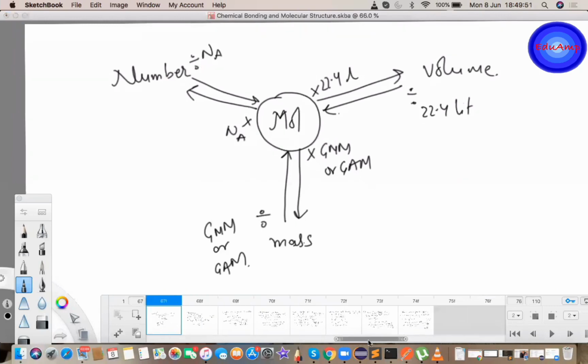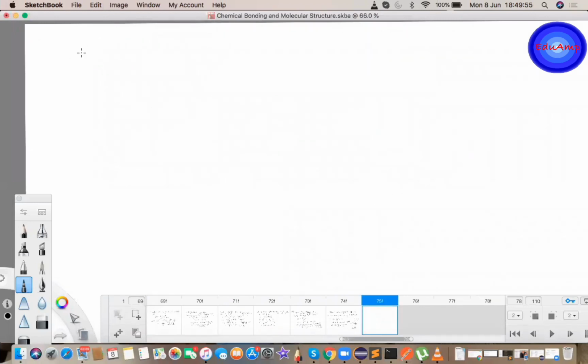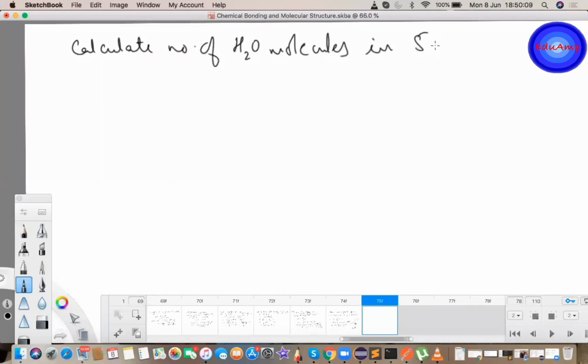For example, calculate number of molecules in 5 moles of H2O.